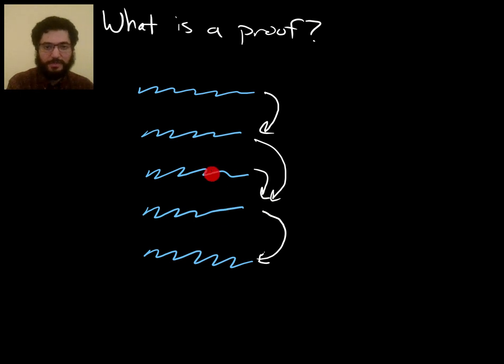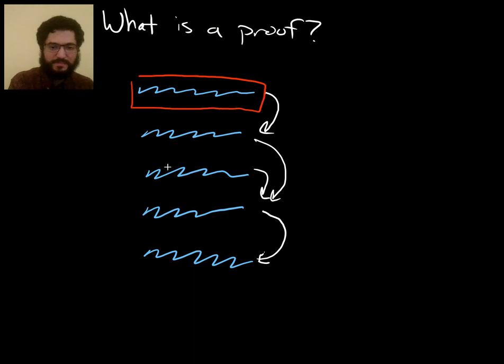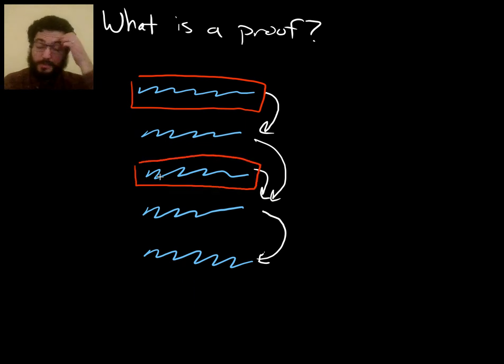This is justified by the two lines above it. This is justified by the line above it. But we have these unjustified things. This one, and with the arrows that I drew, it looks like this one is also, or this one is also unjustified. So if you don't want to backtrack forever, then you need a better definition of proof.